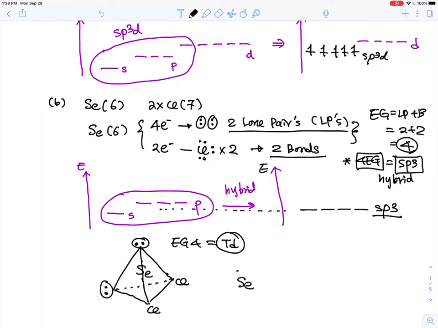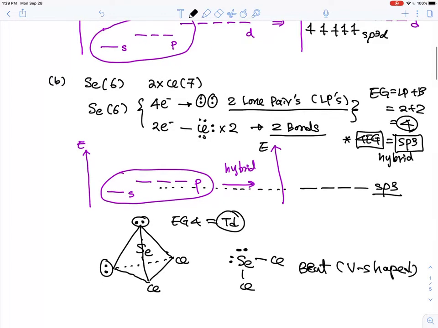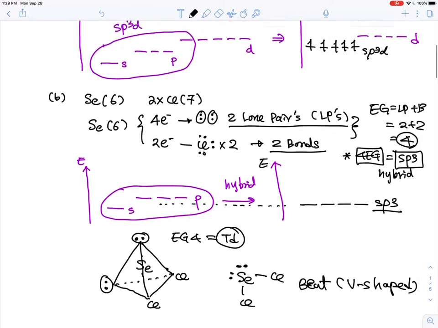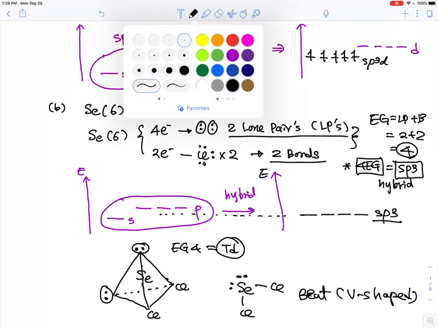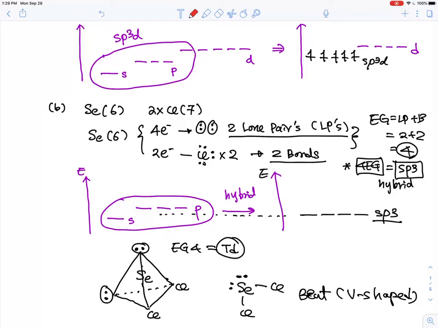Some people would draw something that looks like this, and it has a bent molecular structure or V shape. Somebody will say V shape. Why am I doing this? Because I need to complete my diagram. How many electrons does the selenium have? It has 6, right? So you got 2, 2, and then there's a bond and a bond, where one electron of each is being used.